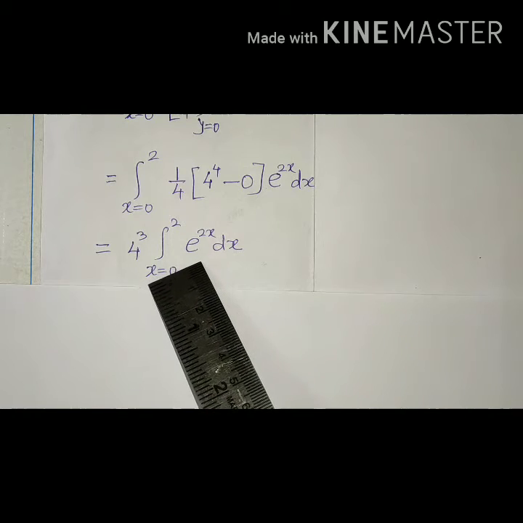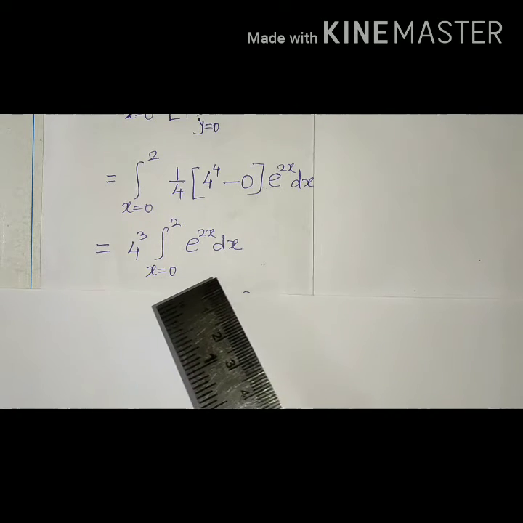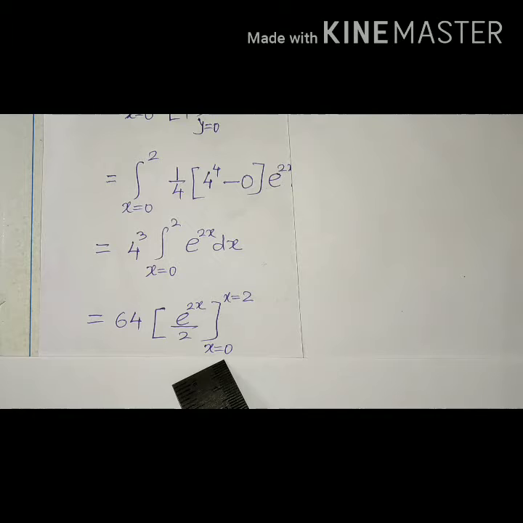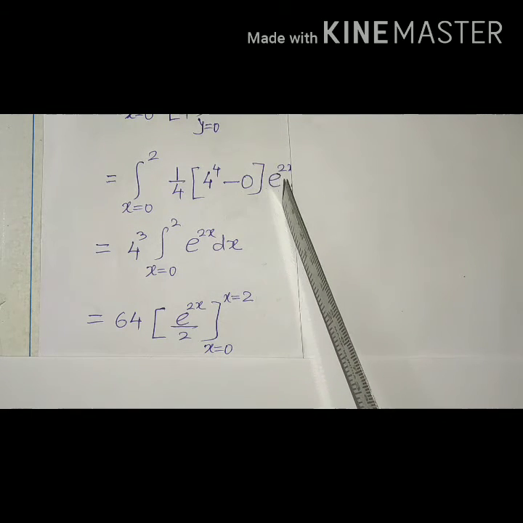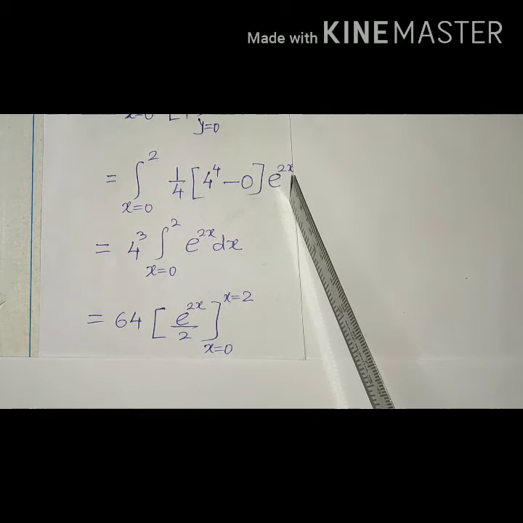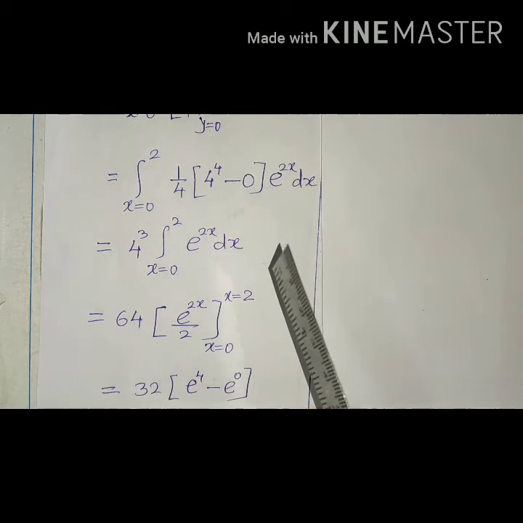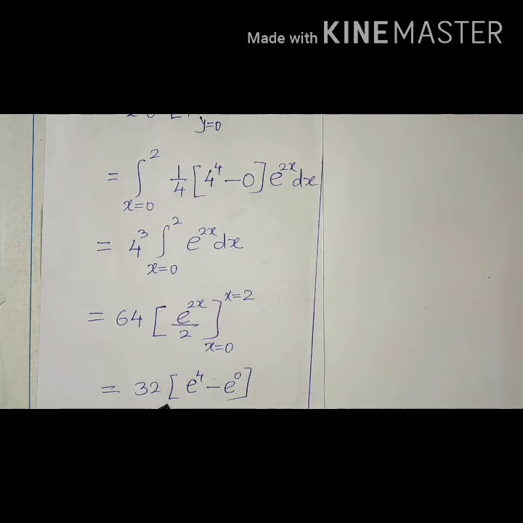Integrand is e raised to 2x only. Let us integrate it. So it becomes e raised to 2x by 2 within the limits x equal to 0 to x equal to 2 as you are watching. And 4 cube we have written 64. So now it becomes 64 by 2 meaning 32.